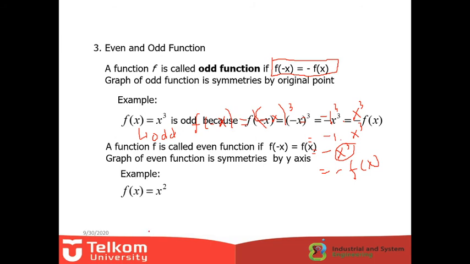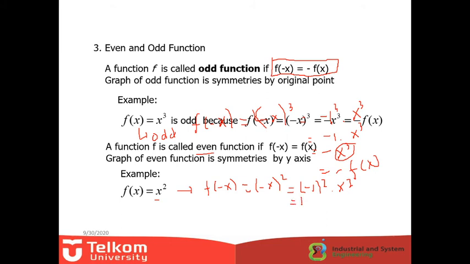Next one, how about the even function? Even function means that if f of minus x equals f of x, for example x squared. Same as the previous one, we make this f of minus x. Then we get minus x squared. What is the meaning? Minus 1 squared times x squared. Minus 1 squared is 1, and also x squared.